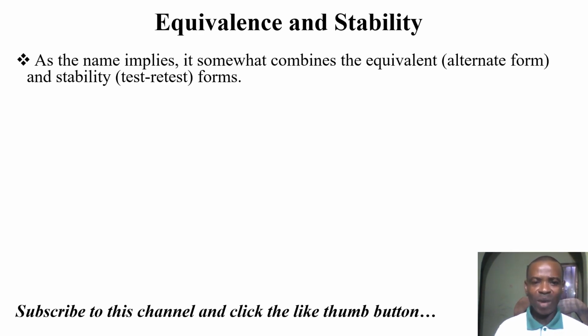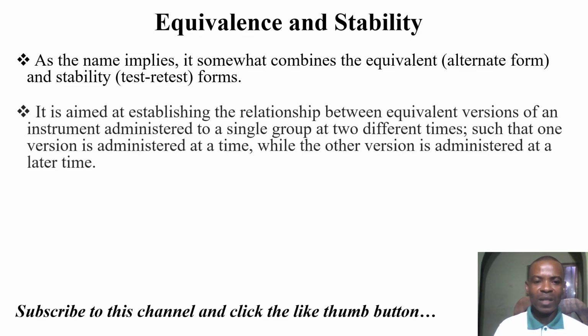That means you need to have two different forms of instrument and also apply the test-retest method of reliability. That is why we say that equivalence and stability form reliability is aimed at establishing the relationship between equivalent versions of an instrument which is administered to a given group at two different times.